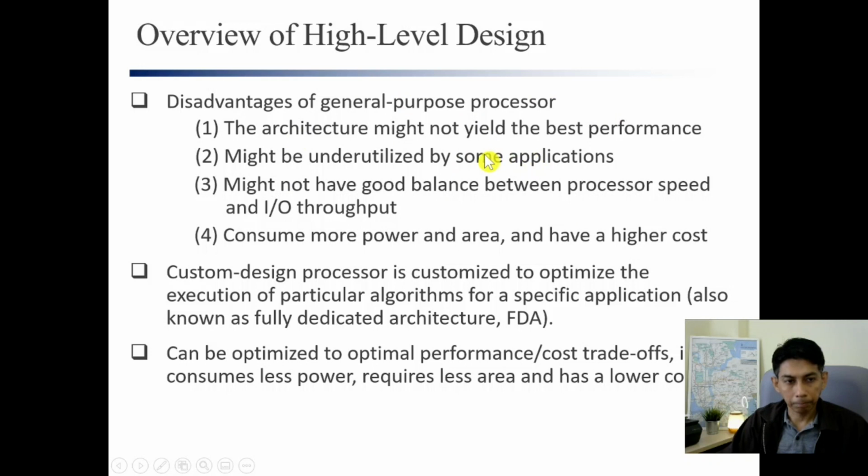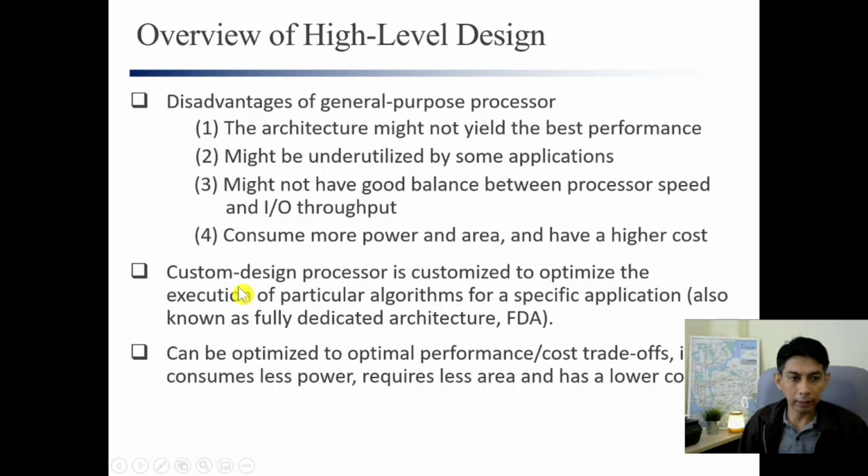So that is why we learn how to design our own circuit, our own system, for a very specific purpose application. All right. And a custom design processor is customized to optimize the execution of a particular algorithm for a specific application. All right. So what we will learn is to design what we call the custom processor.